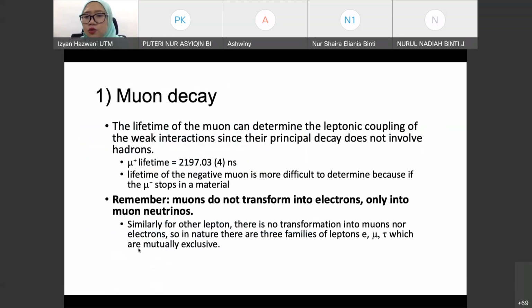Okay, so let's go first to the muon decay section. Because muon decay is a semi-leptonic decay, it does not involve any hadrons. So do you know what a hadron is? Anyone knows?